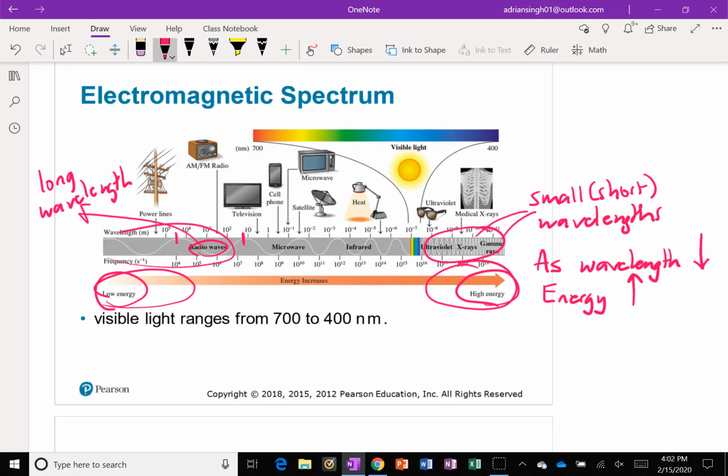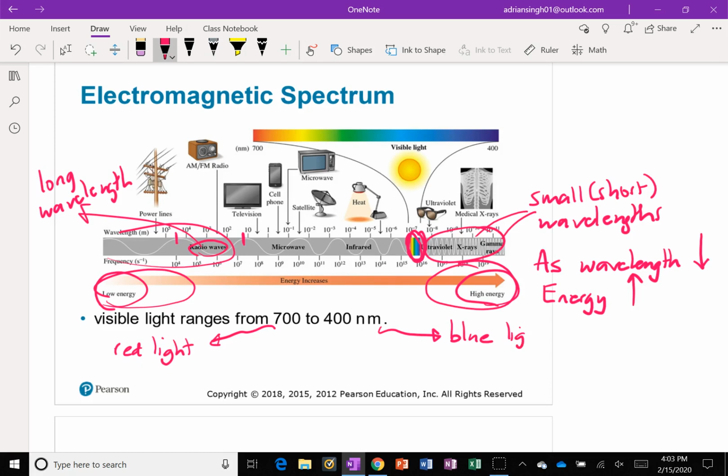All right, and this is a really good diagram that shows you all the different types of electromagnetic radiation, and the fact that the visible light that we see on a regular basis with our eyes only makes up a very, very small part of that spectrum. But within it, we can see all the way from red light, which has a wavelength of about 700 nanometers, to blue light, which has a wavelength of about 400 nanometers.